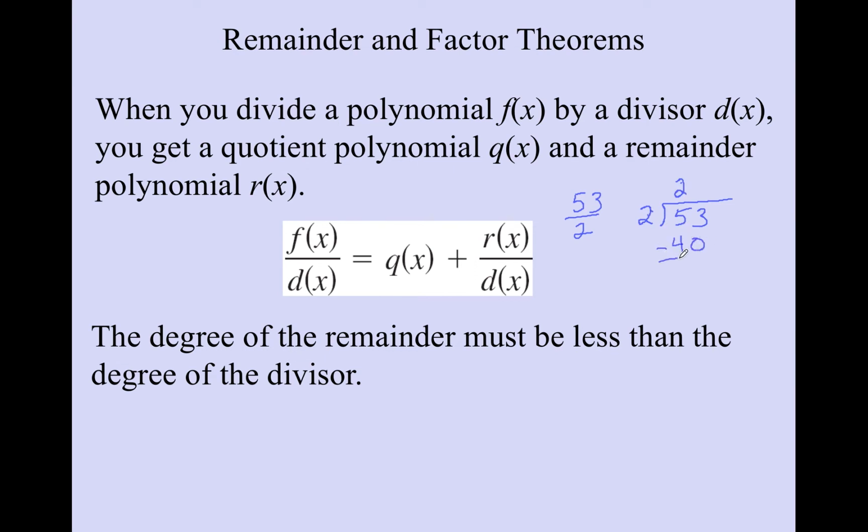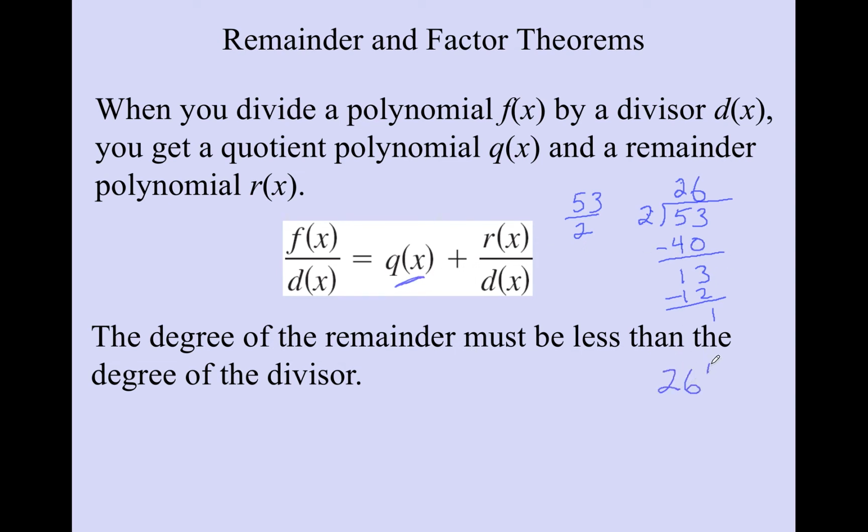Okay, subtract, that's 13. Then I go 2 into 13 goes 6 times. 6 times 2 is 12. Draw my line, subtract, and then there's a number here. That's a 1. That's our remainder. That's the Q part. So how do I write my answer?